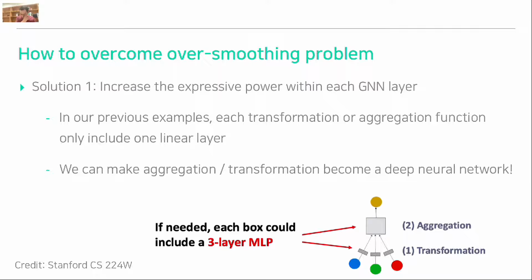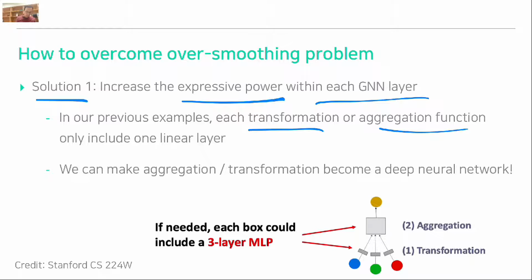So how do we overcome the over-smoothing problem? The first solution is to increase the expressive power within each GNN layer. In the previous examples, each transformation and aggregation function was one linear layer, which means a GCN layer.